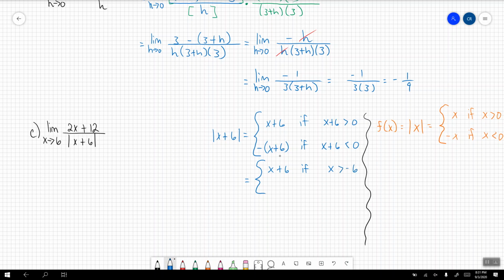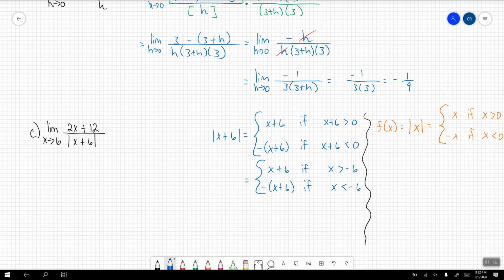Let's work on the bottom piece. I'm just going to keep it as negative the quantity of x plus 6. I'm not going to simplify there. I am going to simplify this domain restriction. This only works if x is less than negative 6. Great. That's where I want to be.